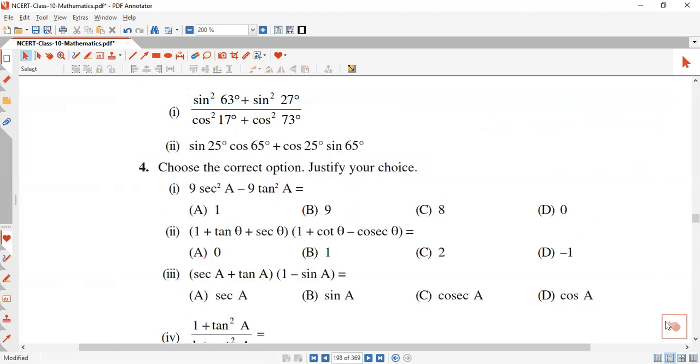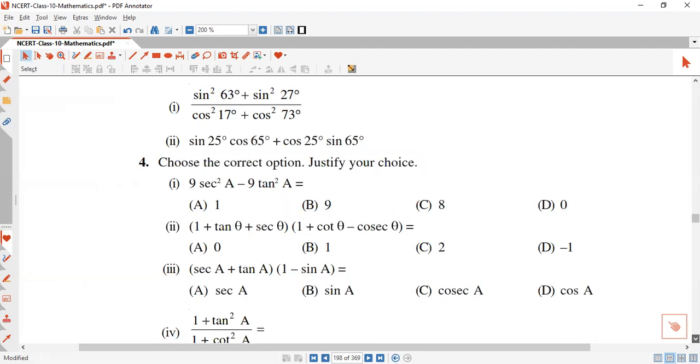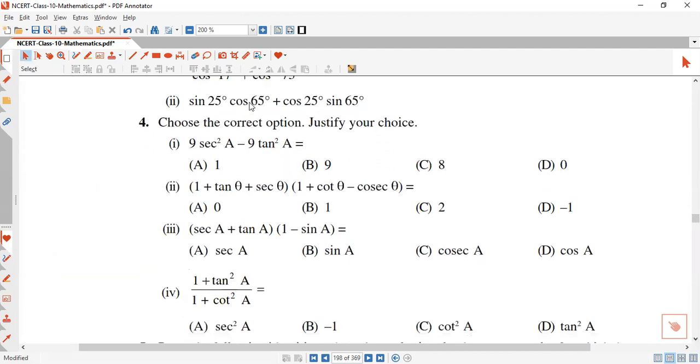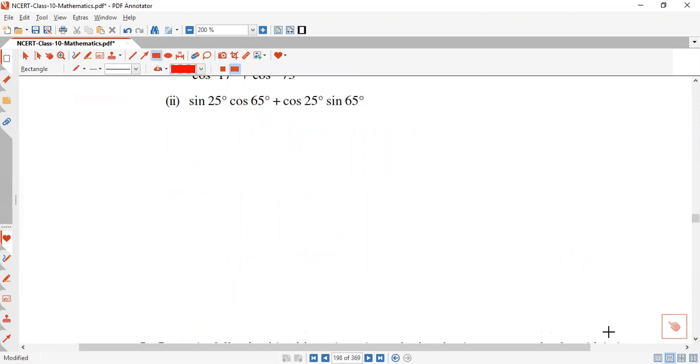Now we want to find out the value of the second part. This part is there: sine 25 degree cos 65 degree plus cos 25 degree sine 65 degree.